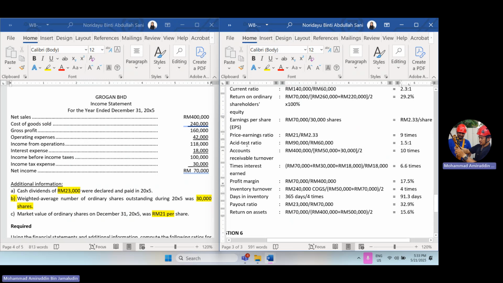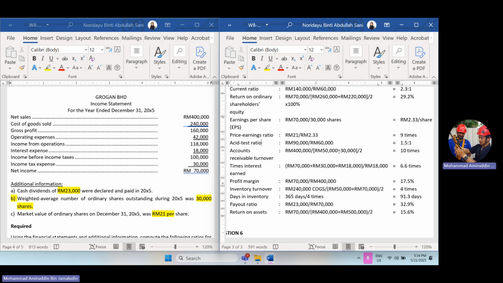Okay, next, acid test ratio. Some books call it the quick ratio. When you compute this quick ratio, just now for our current ratio, we have the list of current assets, right?